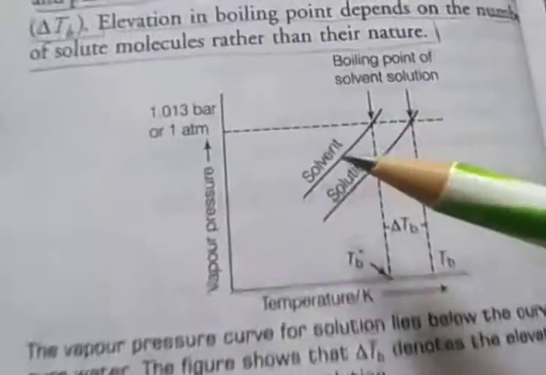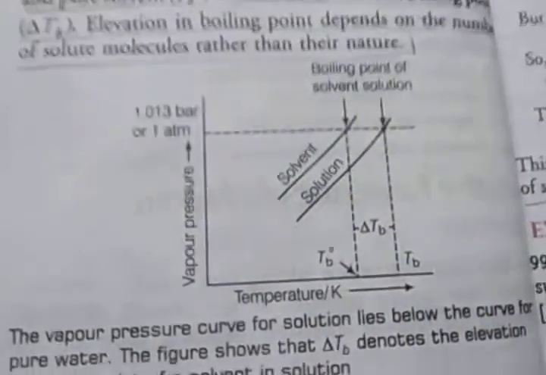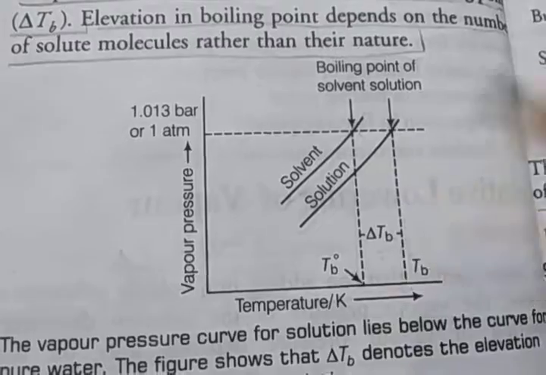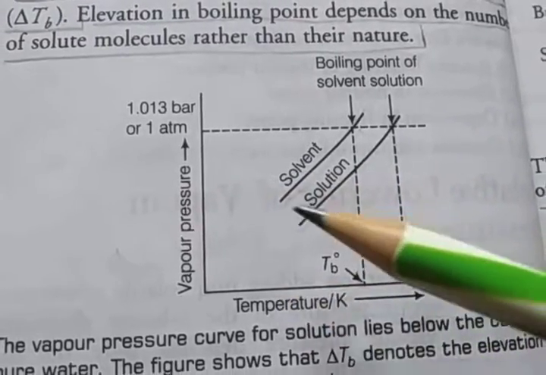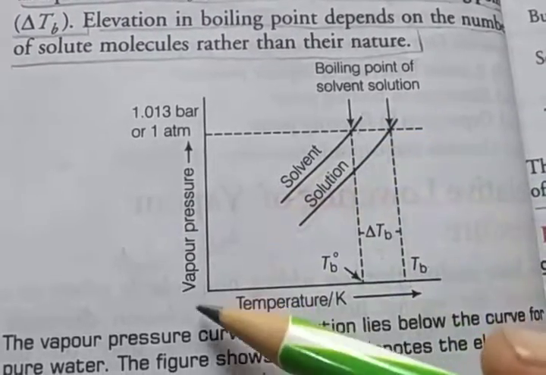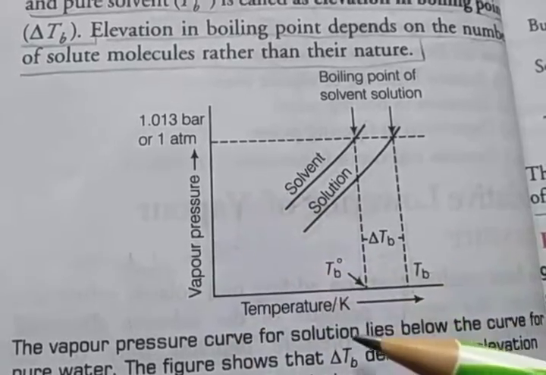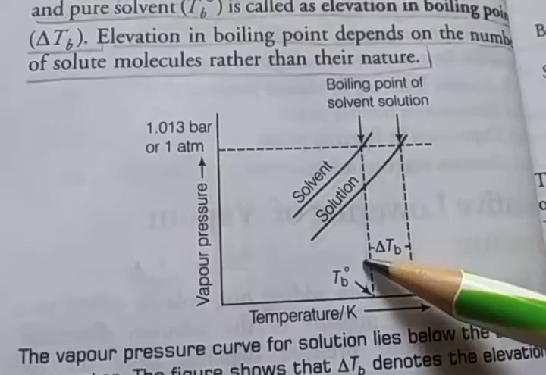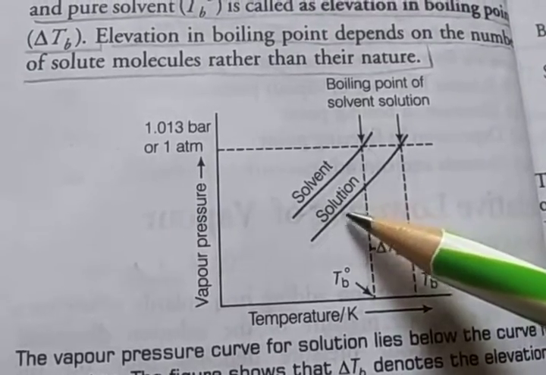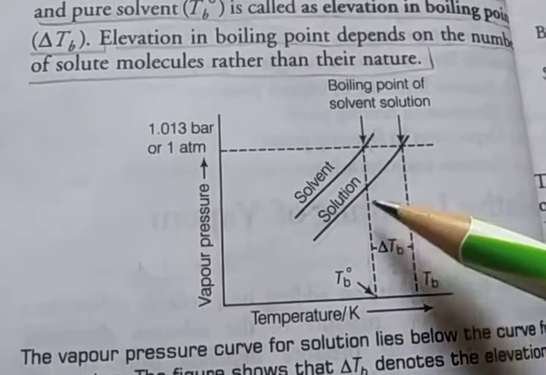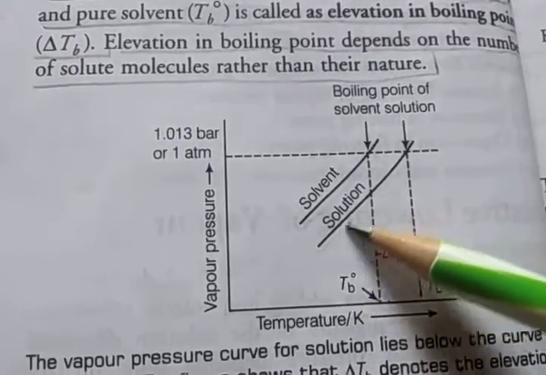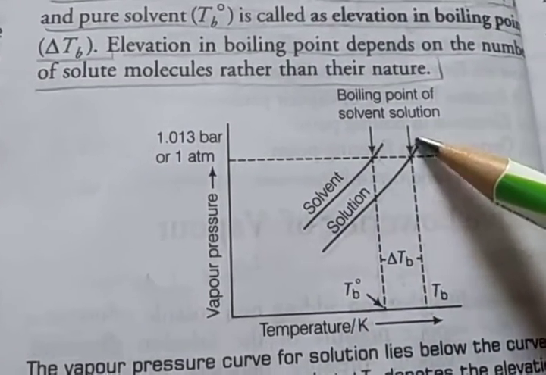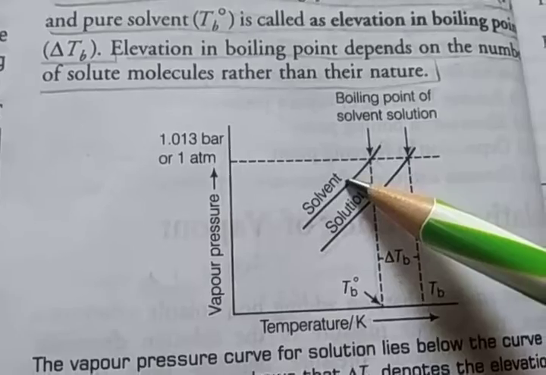So first you have to see the graph. By the graph I will explain. Generally for a pure solvent, we plot a graph between the vapor pressure and temperature. The solvent boiling point is TB naught. But whenever a non-volatile solute is added to the solvent, the boiling point of the solution is always higher than the solvent.